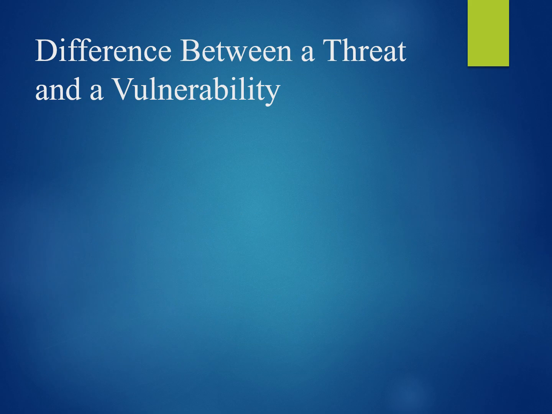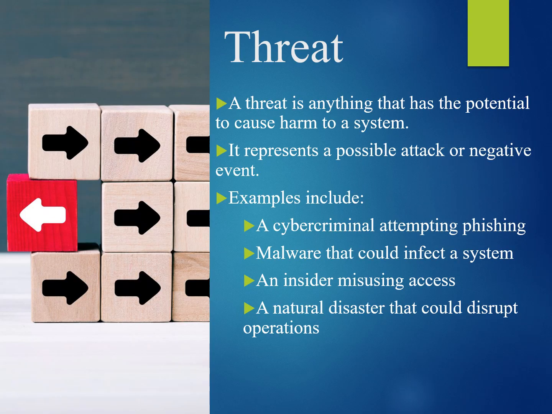So what's the difference between a threat and a vulnerability? Let's talk about it a little bit more. So what is a threat? A threat is anything that has the potential to cause harm to a system. It represents the possibility of attacks or negative events. Some examples are a cyber criminal attempting a phishing attack, malware that can affect a system, an insider threat misusing access, a natural disaster that can disrupt operations.